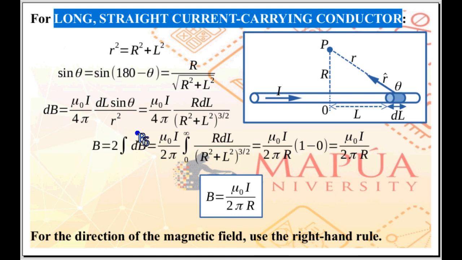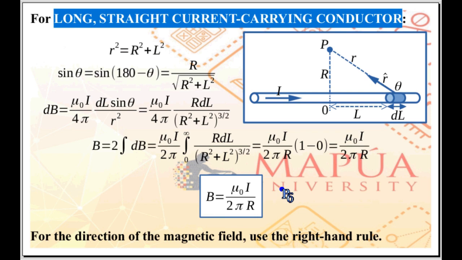Remember that for the Biot-Savart law, you're multiplying the cross product dl cross r hat. So dl cross r hat. Use your right-hand rule to determine the direction of the magnetic field at point P. Or you may use the other right-hand rule, a simplified right-hand rule, just for this situation.